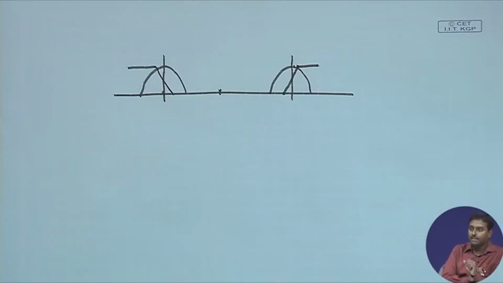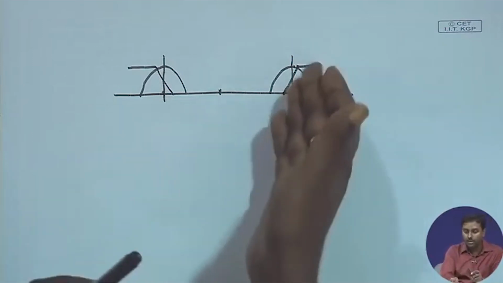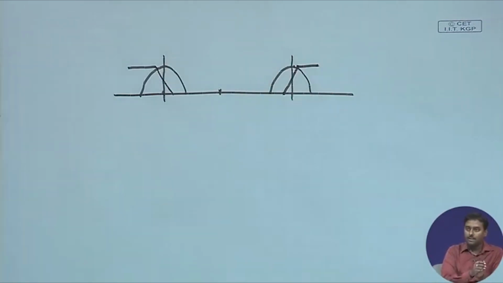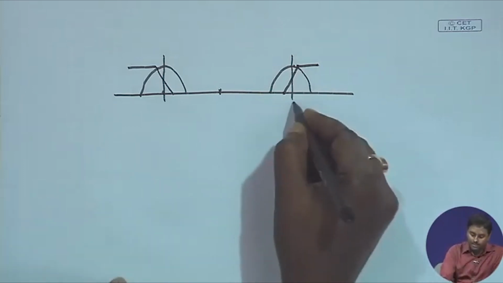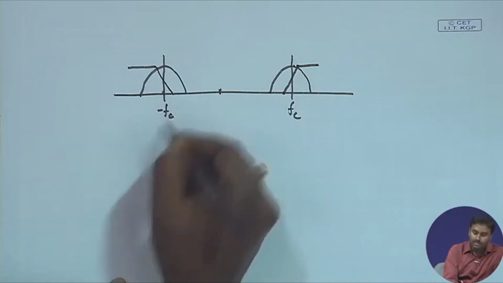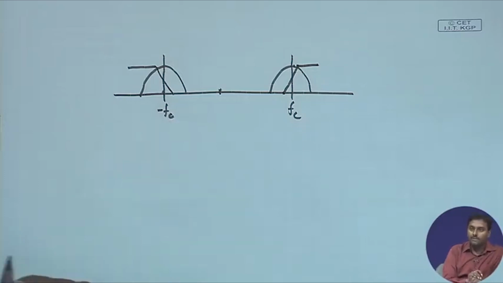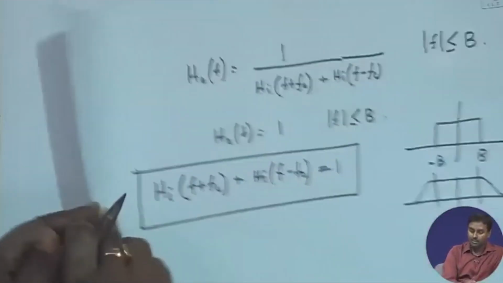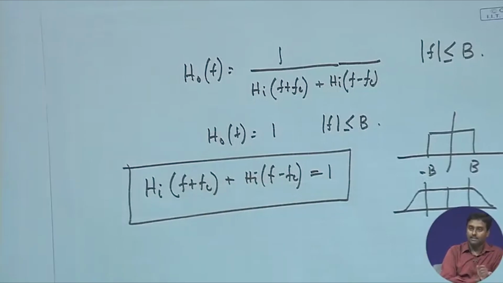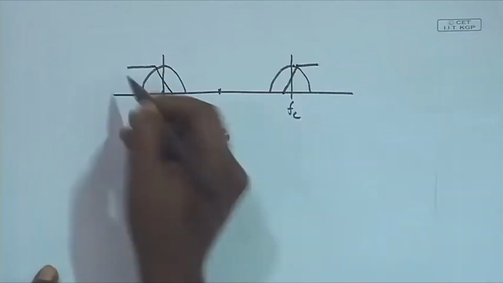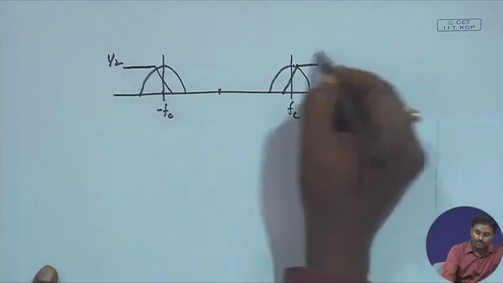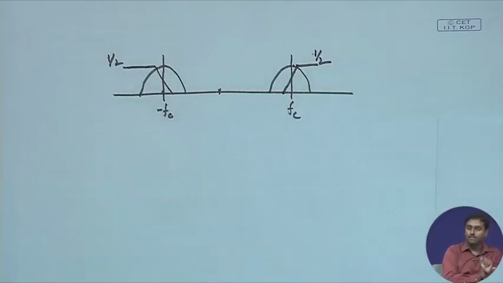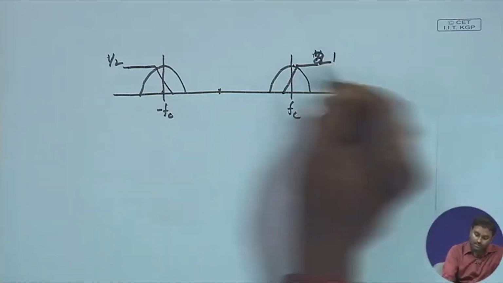Now here I can see the slope is not very sharp, and it will of course distort the signal. But let us say this is fc and this is minus fc, and let us say this level is 1.